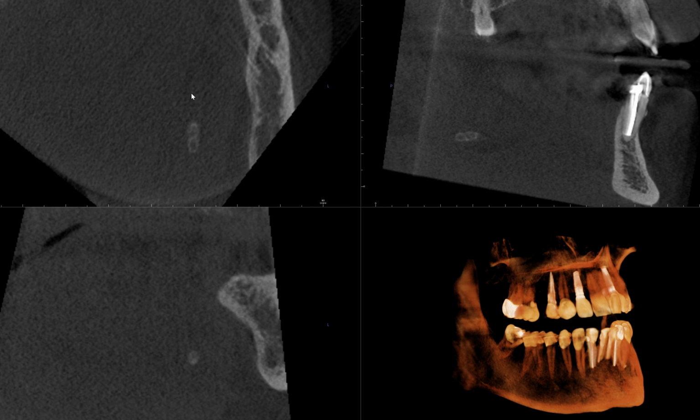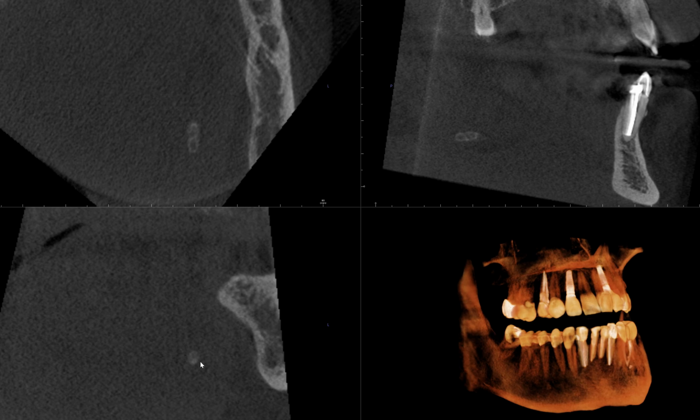One piece of clinical information that I have on this is the patient had a scan done about 6 years ago, and the referring dentist noted that there was this calcification or opacification even 6 years ago, but not as dense as it is now. So this is sialolith, and I'm glad that I was able to share this case with you.